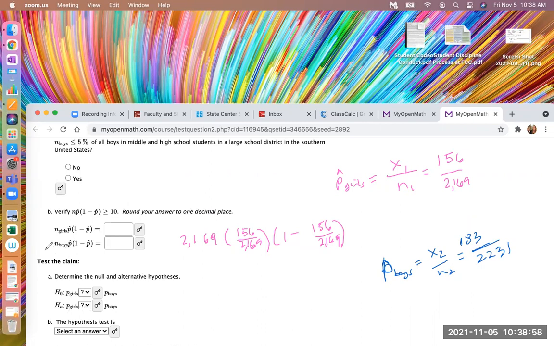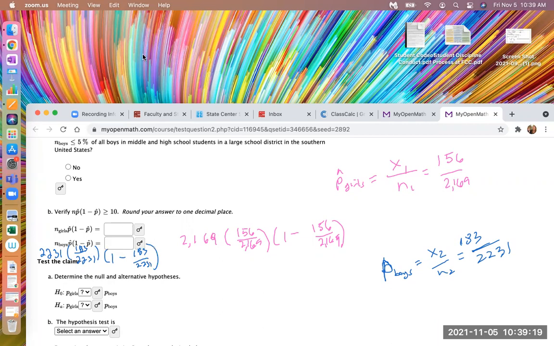So if I plug that in, the number sampled for boys is 2,231 times 183 over 2,231, all times 1 minus 183 over 2,231, and then I do that calculation.